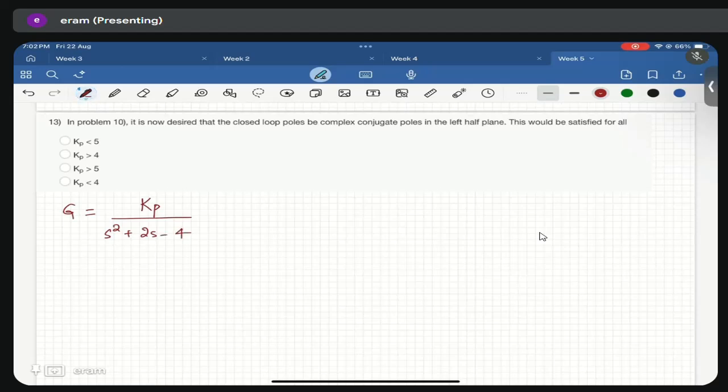We want the closed loop poles, with unity negative feedback, to be complex conjugate and lie in the LHP. How can we ensure that? What should be the range of Kp so that the poles are complex and lie in the left half plane? The poles should lie somewhere here.